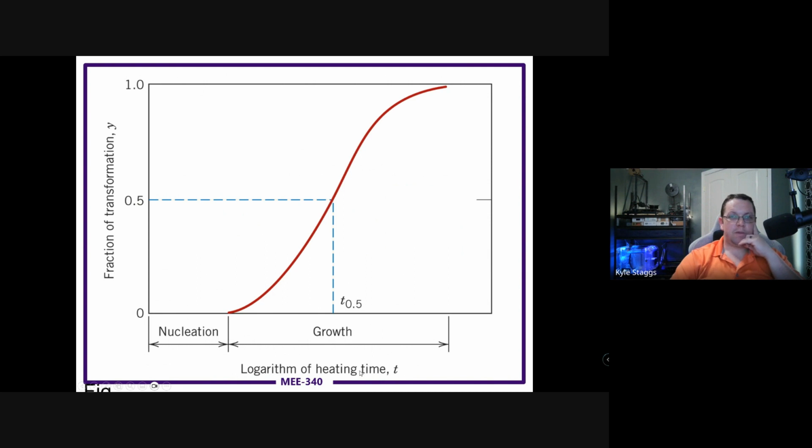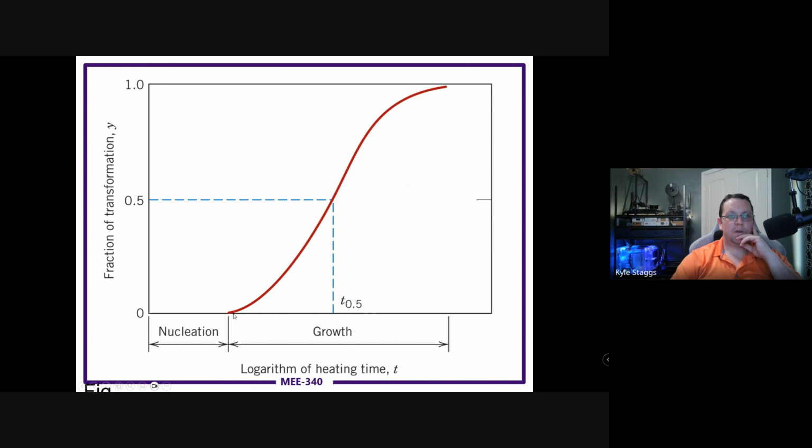So the heating time, this is another principle that's important. It's something you just need to have in the back of your mind in terms of the way that things happen. For the fraction of transformation, you start getting some small amount of nucleation with heating time. At the halfway point, or T half, you get 50%. One is complete transformation to the austenitic phase.